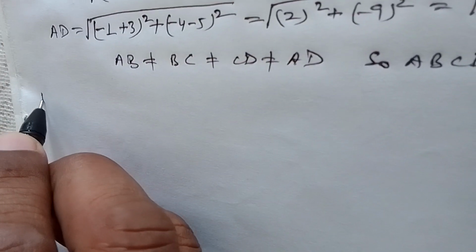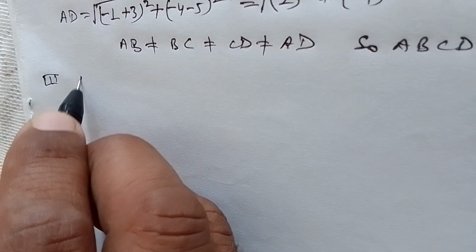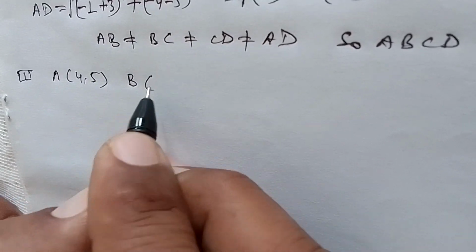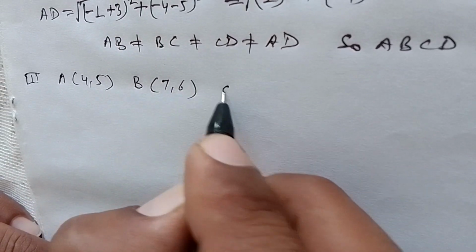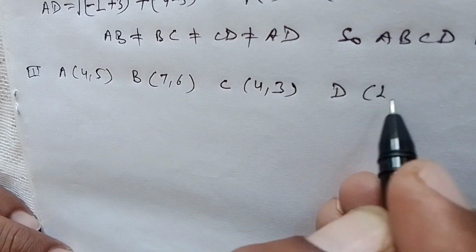Now the third part of the sixth question: A 4,5, B 7,6, C 4,3, D 1,2.